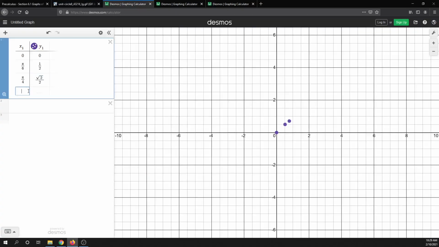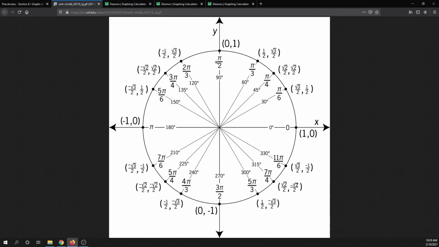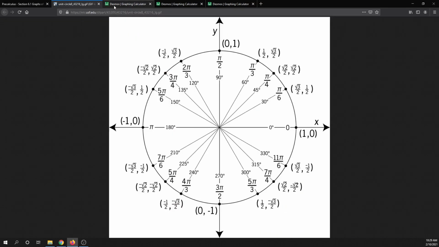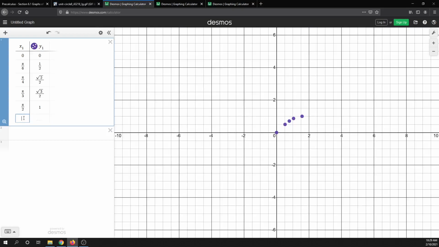Okay, so the next one would be pi over 3, square root 3 over 2. The next one would be pi over 2, 1. And notice that's at the top of the unit circle, pi over 2, 1. The next value would be 2 pi over 3.